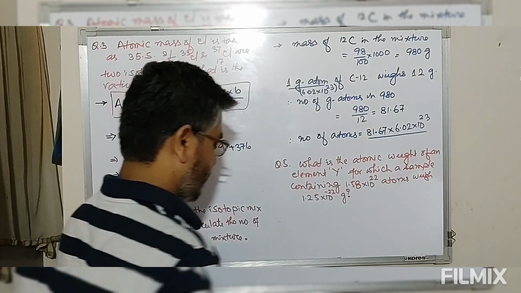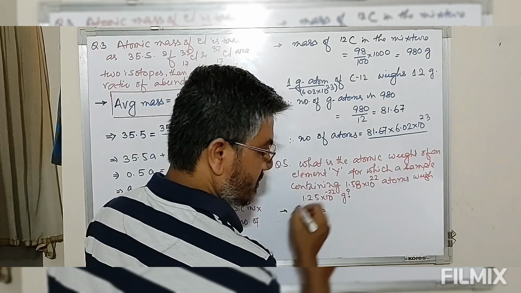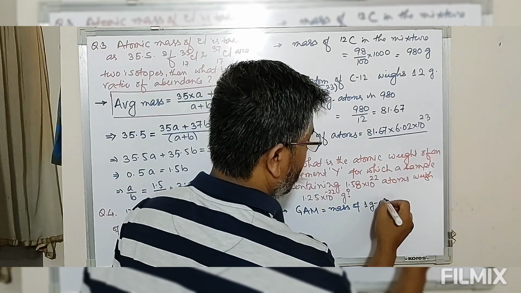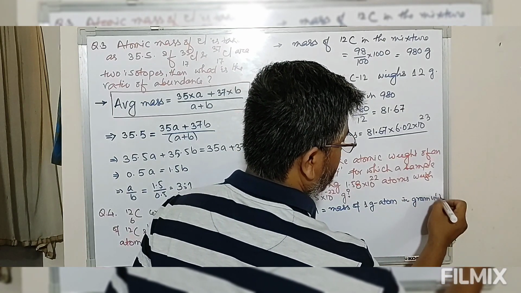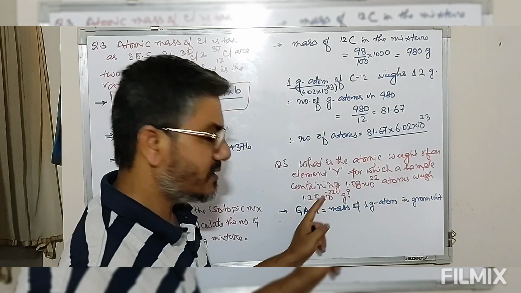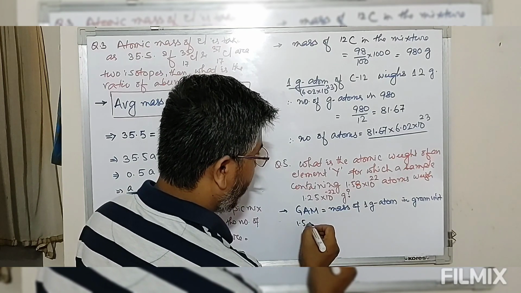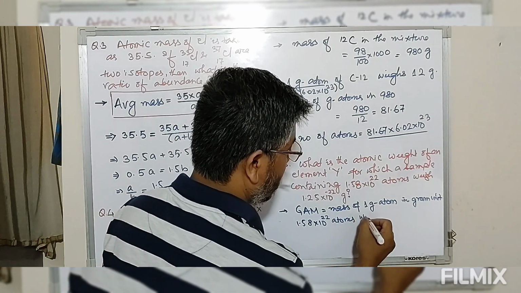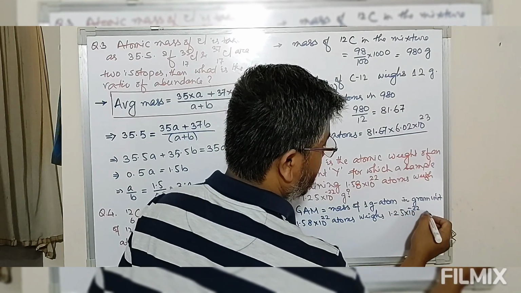So look at this. Gram atomic mass is equal to the mass of 1 gram atom in gram unit. So if 1.58 into 10 to the power 23 atoms weigh this, then what is the mass of 1 gram atom? So now look at this, we have 1.58 into 10 to the power 23 atoms weighing 1.25 into 10 to the power minus 22 gram.